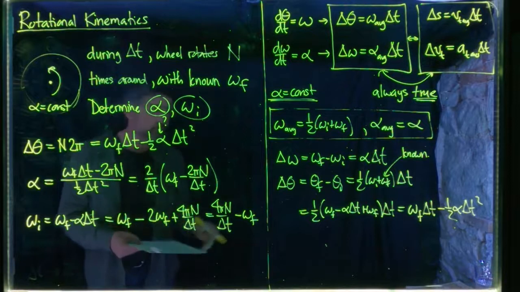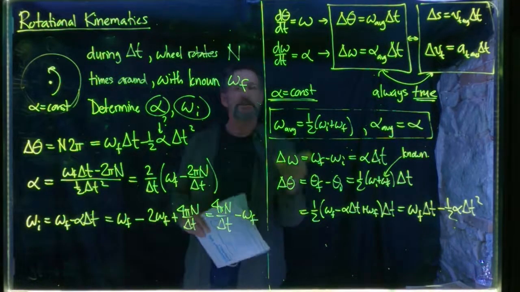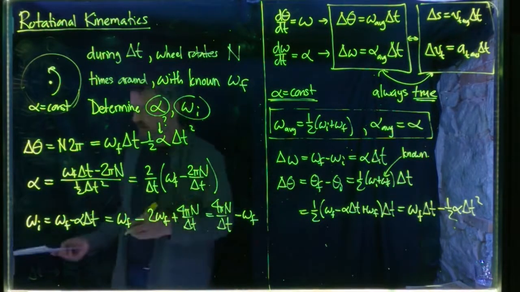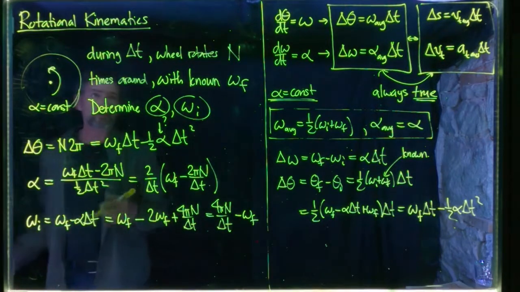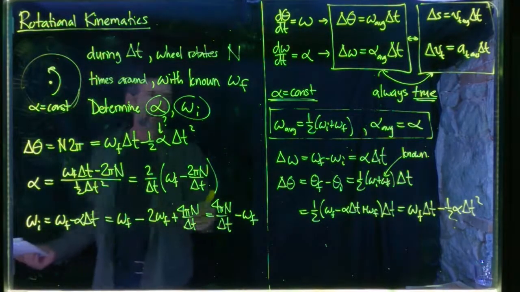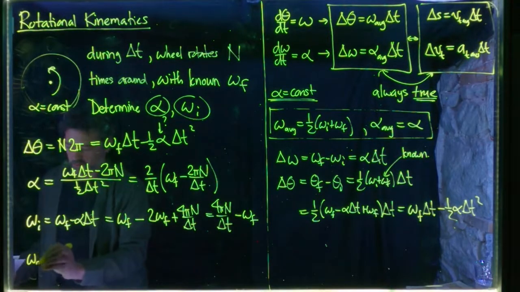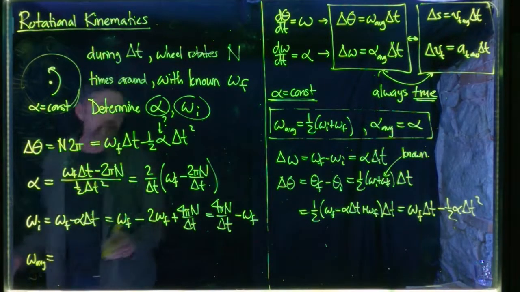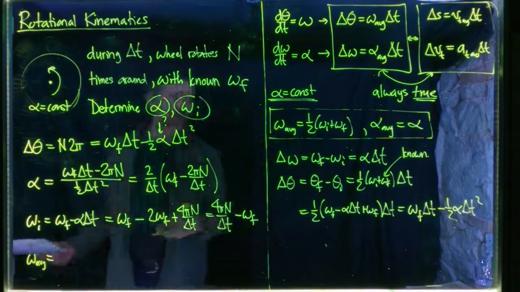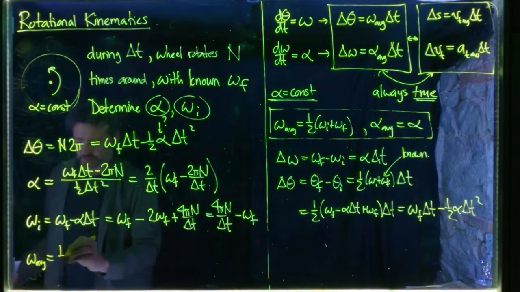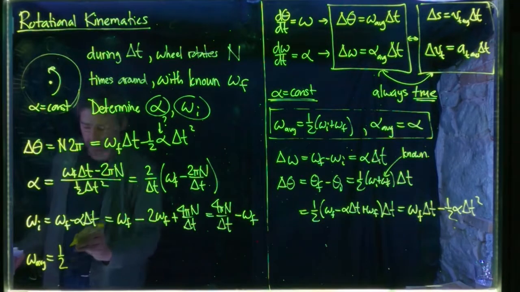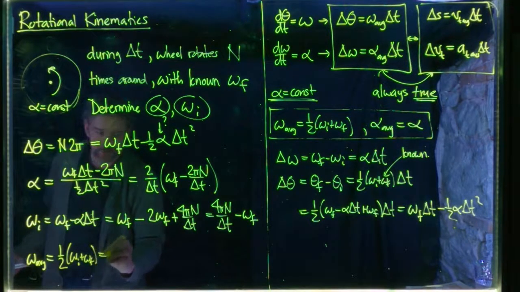And then we can just double check. It's always good to double check things, find ways to double check things. So we know we're given omega final, and we just figured out what omega initial is. So then omega average is 1/2 the initial plus the final. So that's equal to 1/2 omega initial plus omega final.